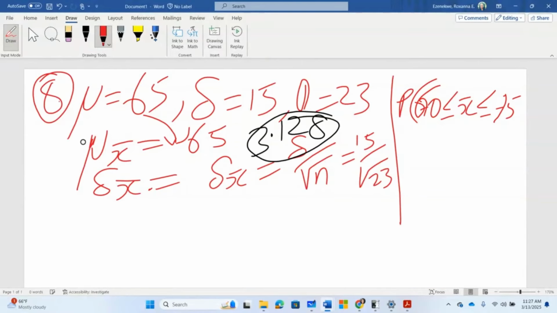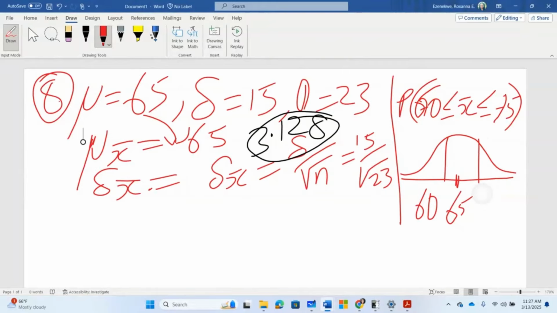So I'm told to find the area under the central limit theorem. The mean is 65, and 60 is below the mean, and 75 is above the mean. So I'm told to find the area between.